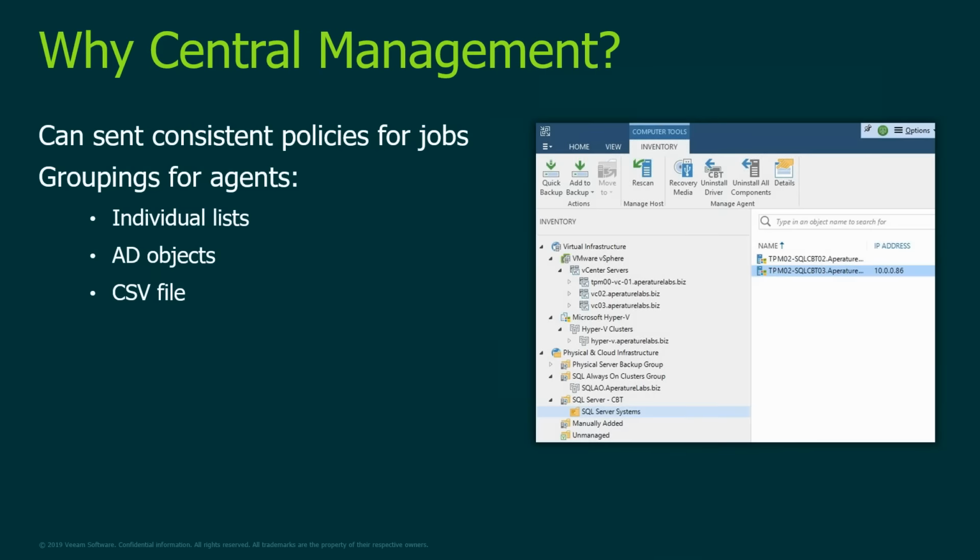And then why do you want centralized management? Well, first of all, you might like what you see with Veeam, so you want to have a way to manage them pretty easily. Now here's a screenshot. This is actually from my lab. I like to break it down that I have these three mechanisms over here: individual lists, Active Directory objects, and CSV files.